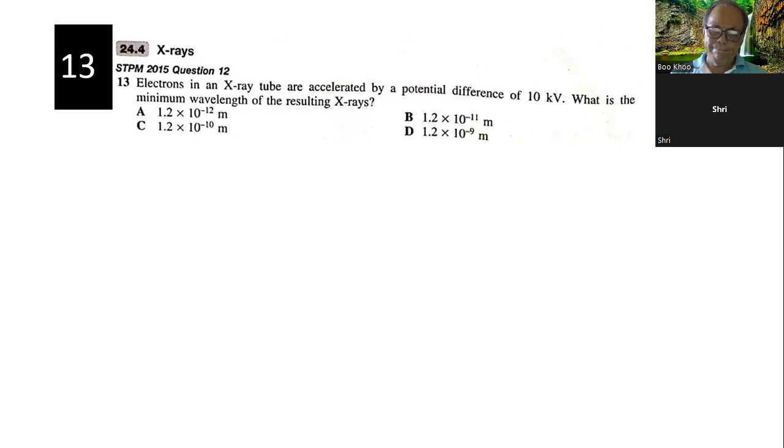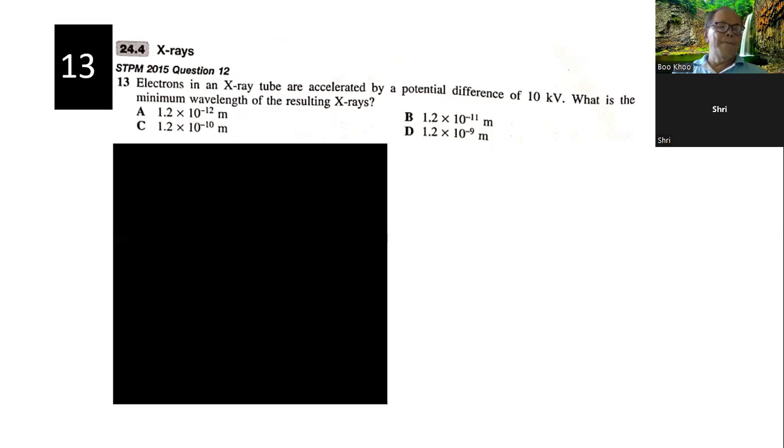Right, the equation: energy hc over lambda equals the potential, the energy of your photon, which is the work done on the electron.